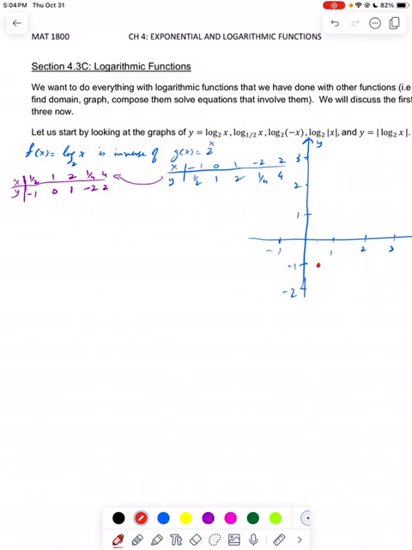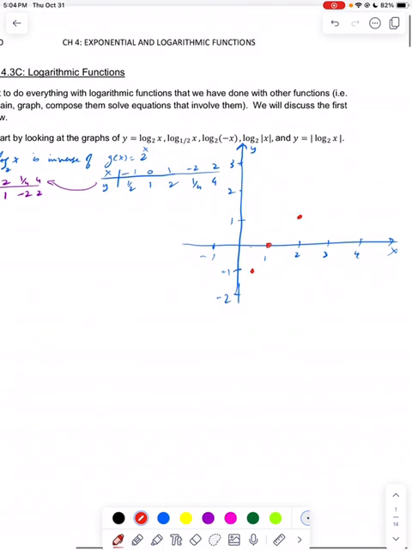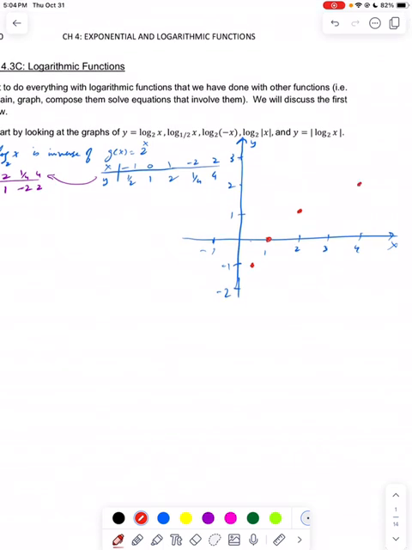At 1, the function has the value 0. At 2, the value is 1. At 4, the value is 2. And at 1/4, which is over here close to 0, the value is -2.